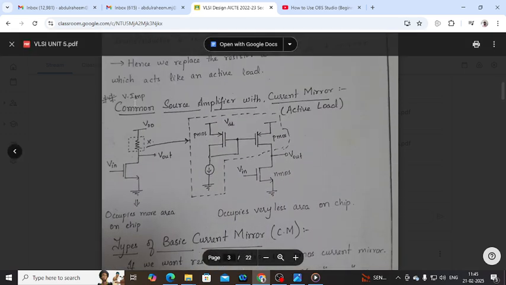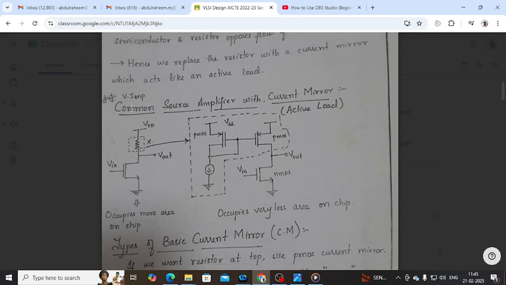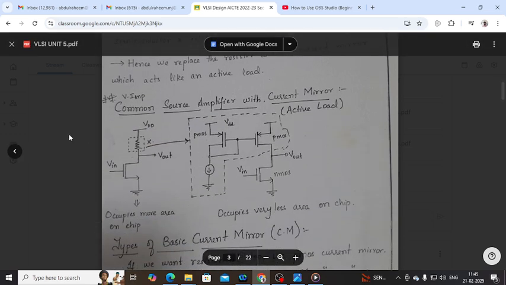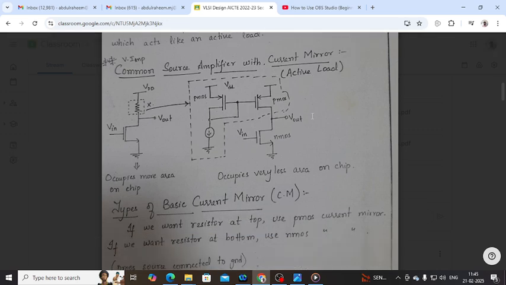In the examination, they might ask for the common source amplifier with resistive load. You can go with that: gain AV equals minus GM into RL. But they might ask with a current mirror. A current mirror is nothing but replicating the current, and it can be PMOS or NMOS. Now here the resistor load has been replaced with the PMOS current mirror.